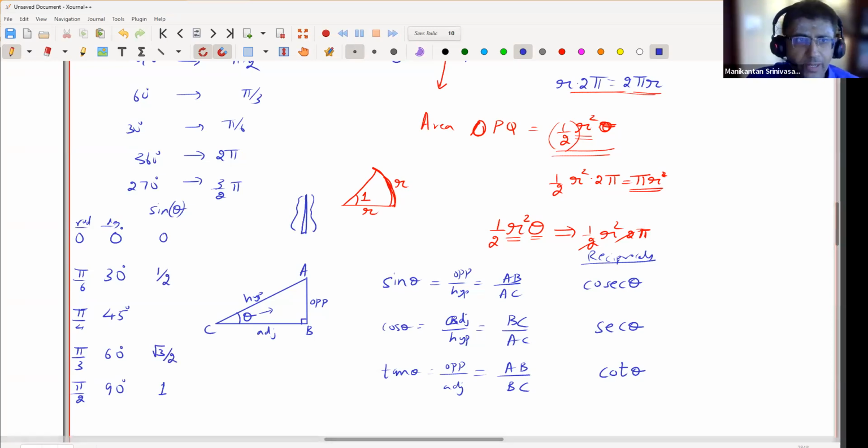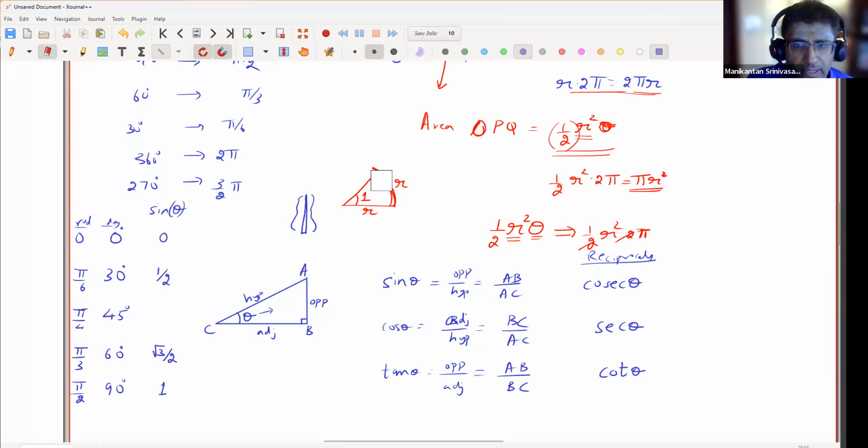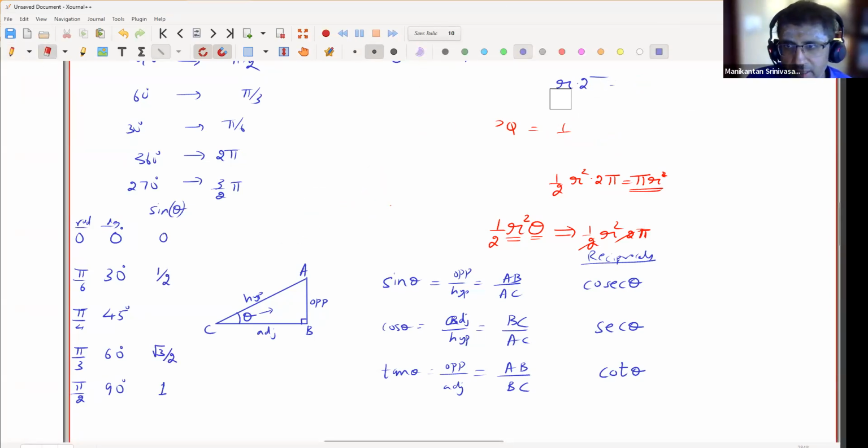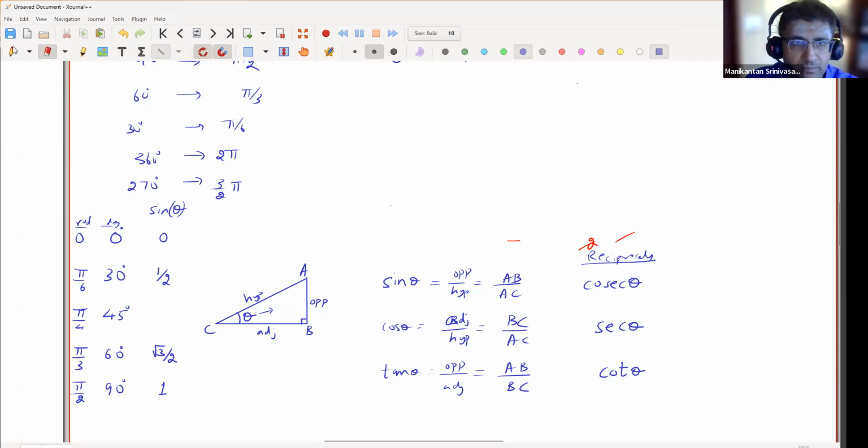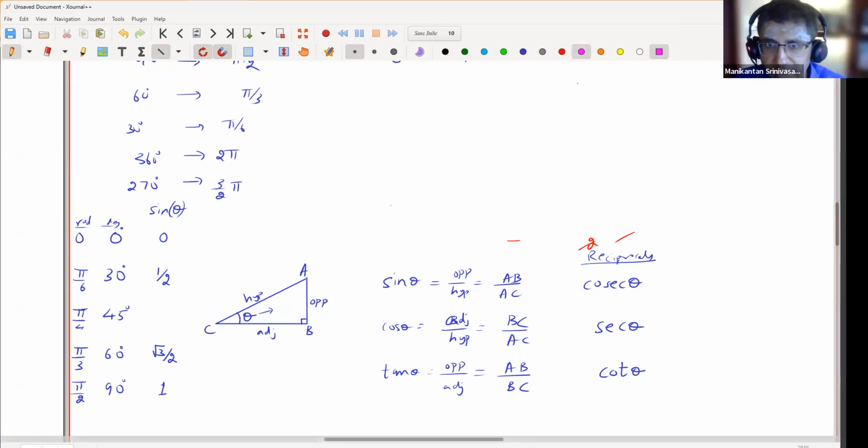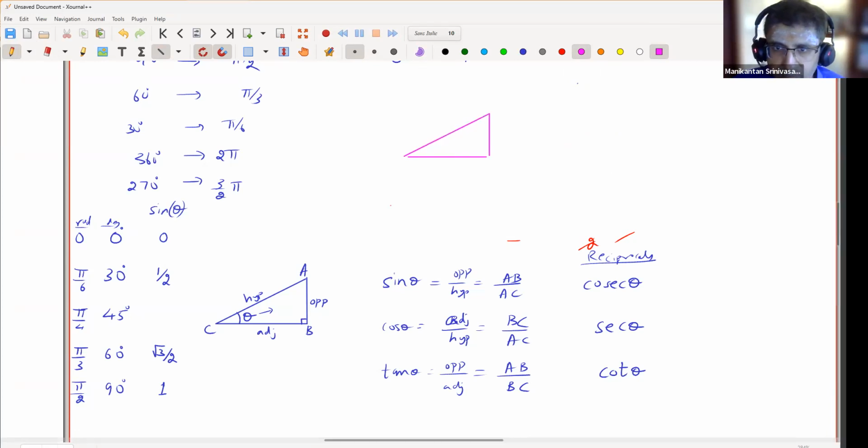And we can quickly derive these. Maybe I'll just take a minute to derive these also. Suppose I have a simple 30 degrees angle here. Let's say this is 30.